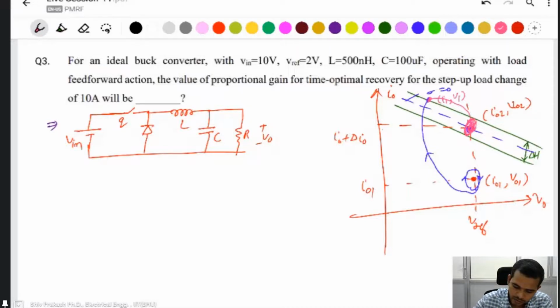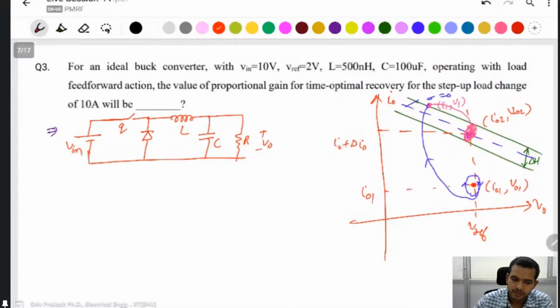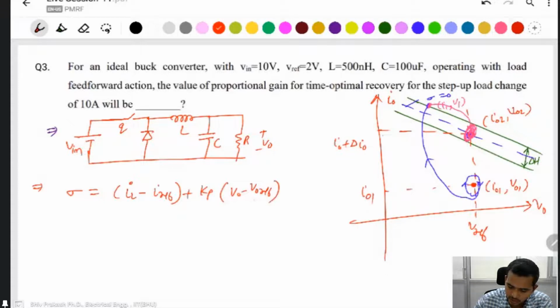You know about the switching surface sigma. Sigma is called the inductor current minus reference, and Kp gain times V naught minus V reference, the output reference.